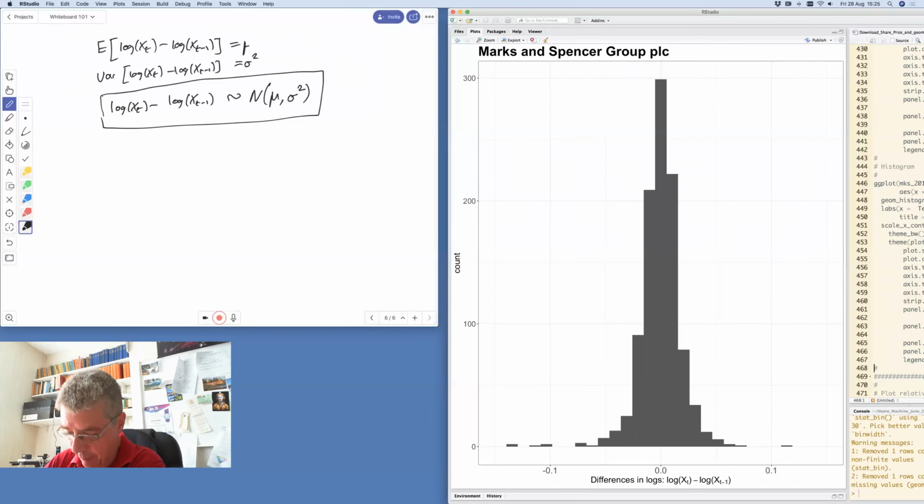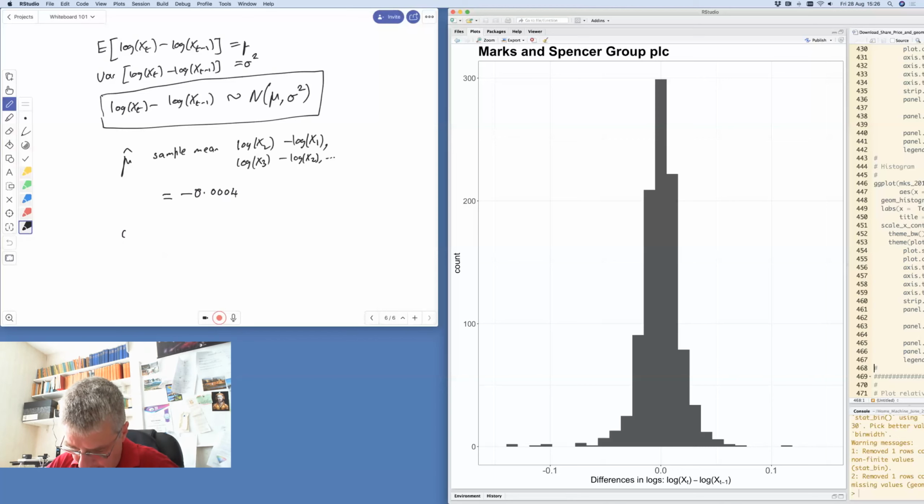Okay, now if we do our estimation procedure by estimating mu as the sample mean of the data that we have, so log x2 minus log x1, log x3 minus log x2, and so on, then we find for the Marks and Spencer data that mu is 0.0004.